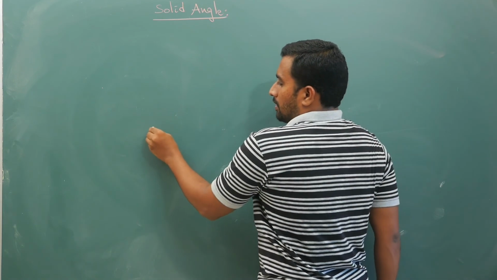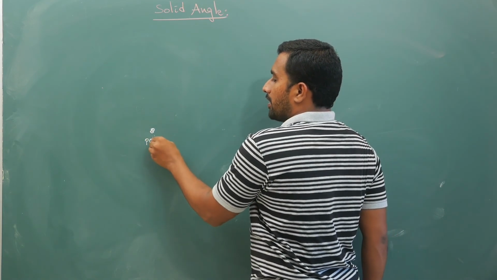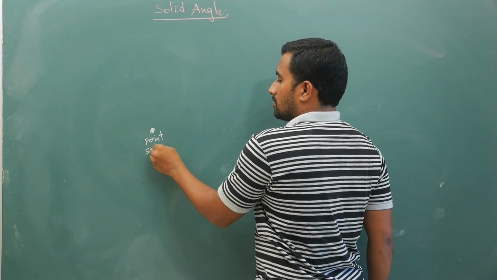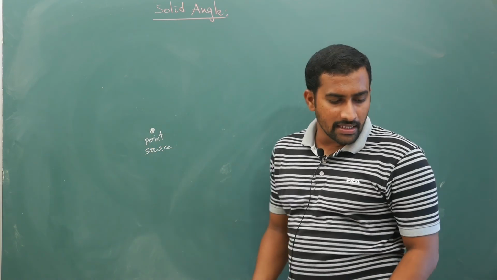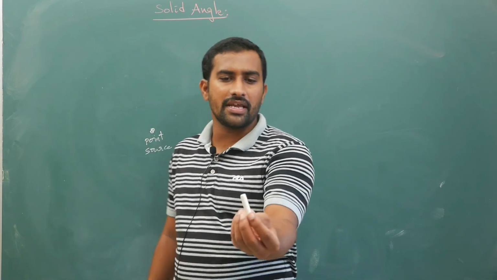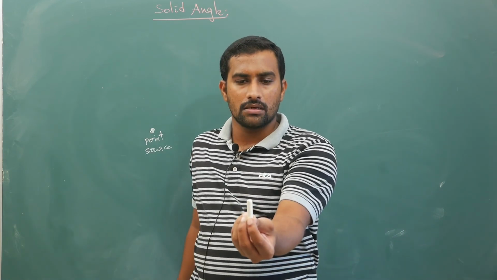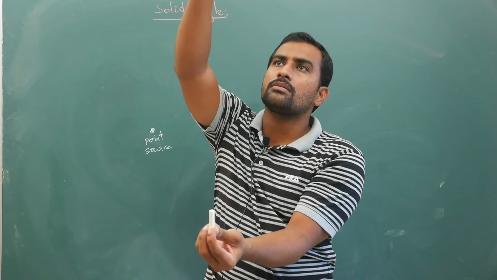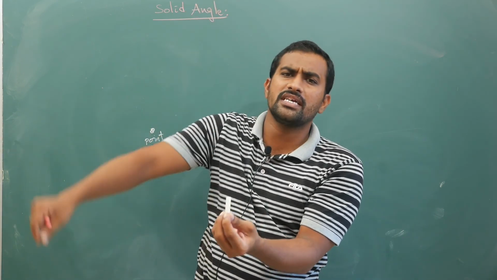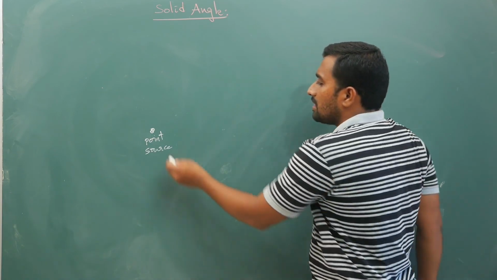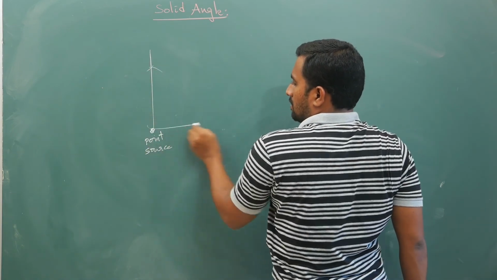Now let us take a point source. If you place this point source somewhere in the center of a room like this, then it will start producing field lines everywhere, in 360 degrees, in a spherical region.